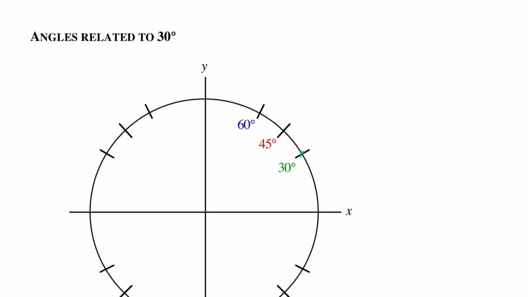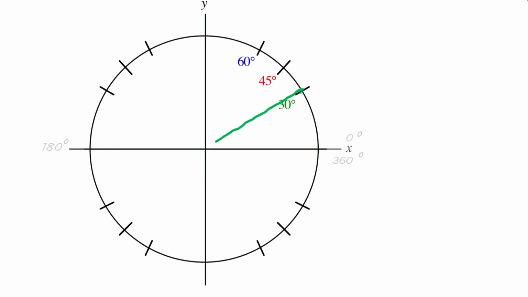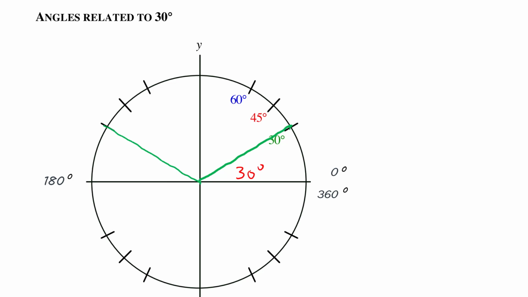First, though, let's take a look at angles related to 30 degrees. Of course, we start with 30 degrees in quadrant 1. In quadrant 2, we have a 30-degree angle, but it's theta hat that is 30 degrees. And that's 30 degrees less than 180, so actually it's 150 degrees.